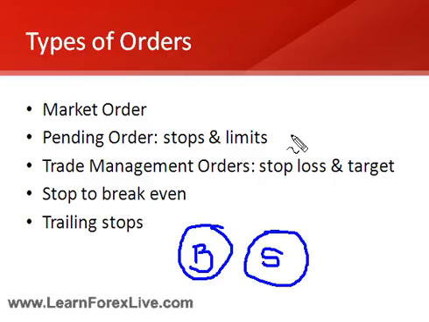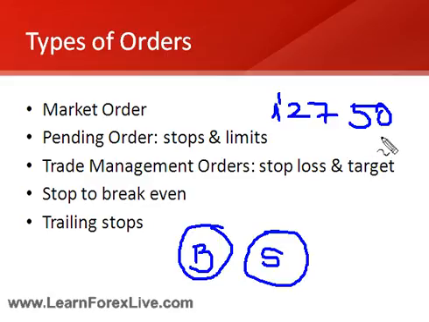So, if the euro is currently trading at 127.50, that's the price you are going to get, or the closest possible your broker will be able to find available for you. It could slip you by 1 or 2 pips up and down. This could become 51, 52, or 49, 48, whatever.